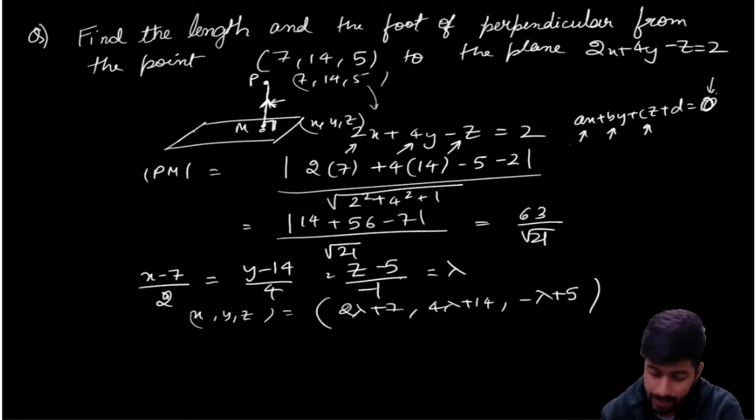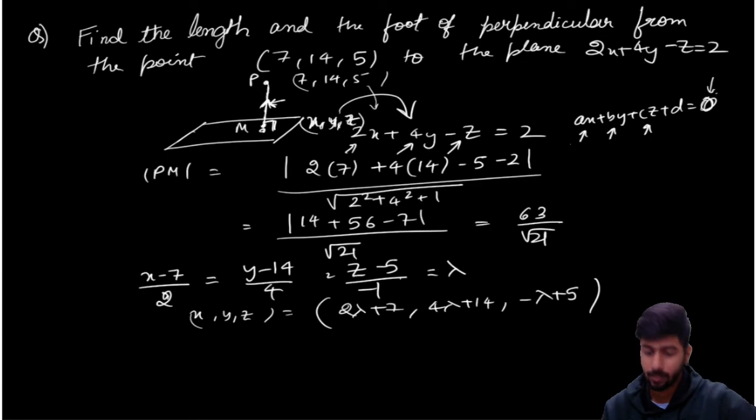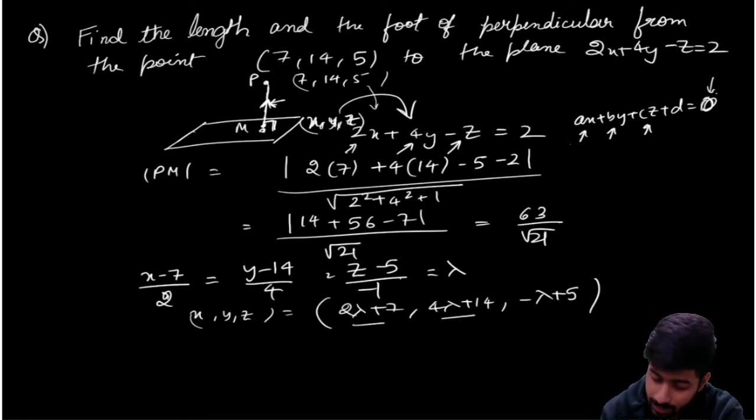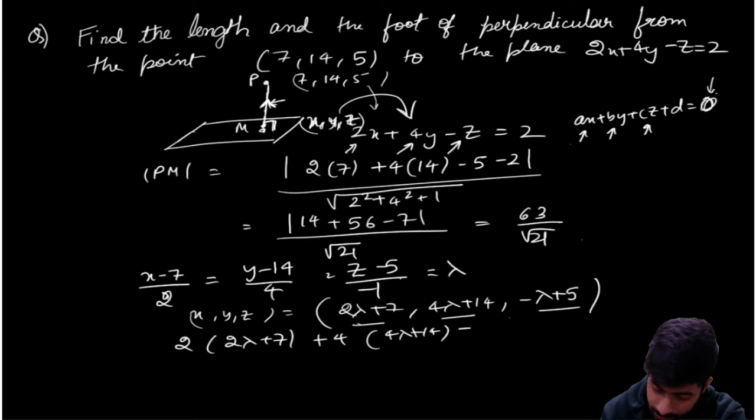Now, x comma y comma z very evidently lies on the plane. So x comma y comma z has to satisfy this equation, right? And what is x comma y comma z? I just have that in one variable now, which is lambda. So instead of x, y, z, I'll substitute these in this. So 2 into x, which is 2 lambda plus 7, plus 4 into y, which is 4 lambda plus 14, minus z, which is minus lambda plus 5.